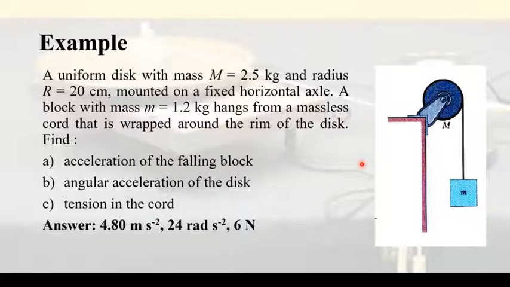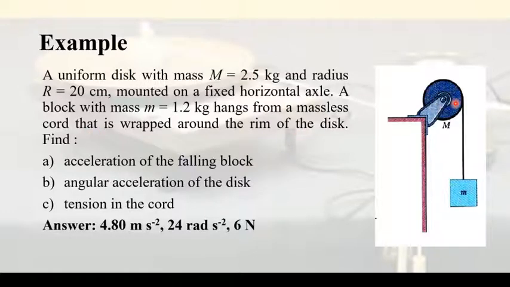Okay. So a uniform disc with mass M equals 2.5 kg and radius R equals 20 cm is mounted on a fixed horizontal axle. Then a block with mass m equals 1.2 kg hangs from a massless cord that is wrapped around the rim of the disc.